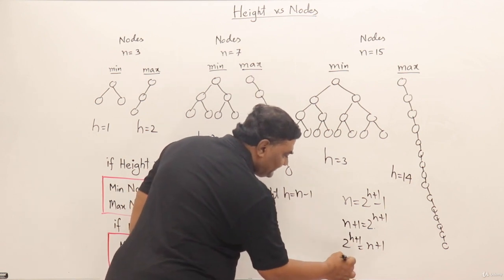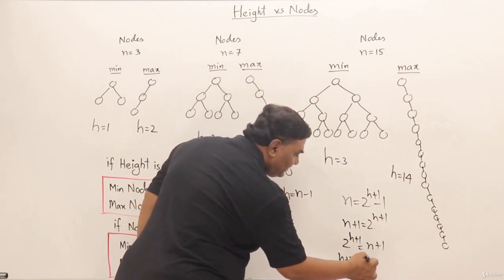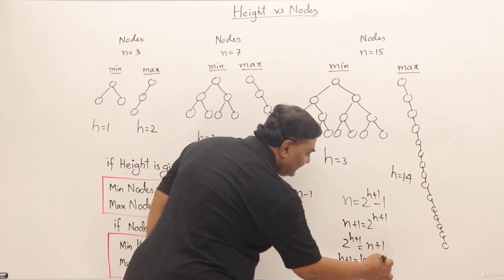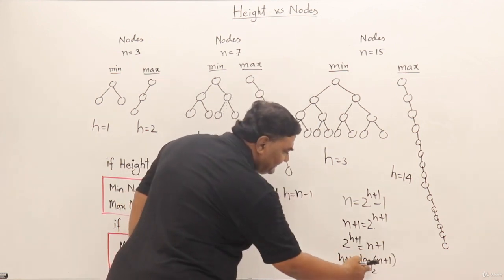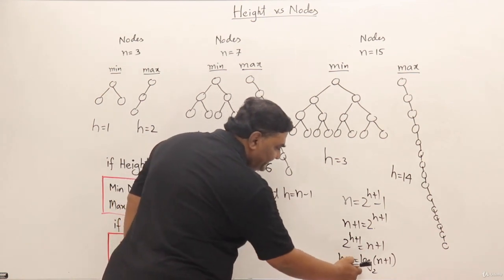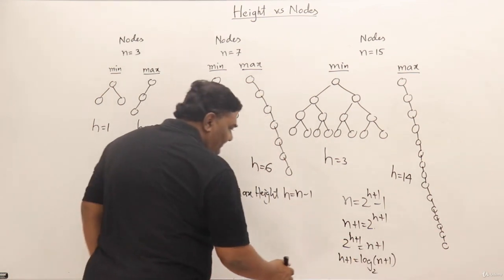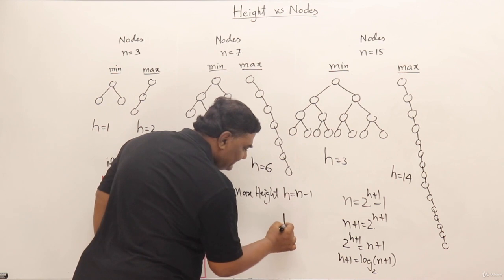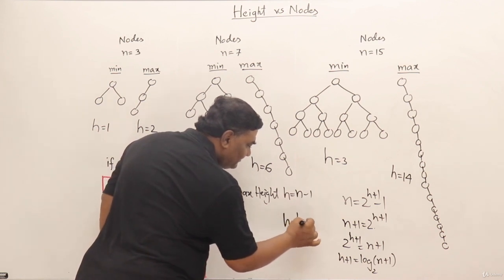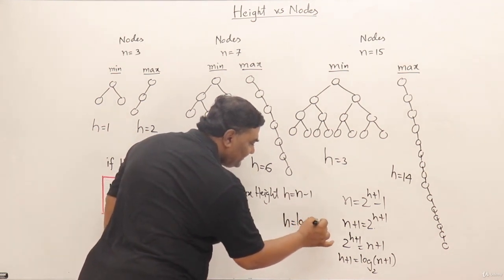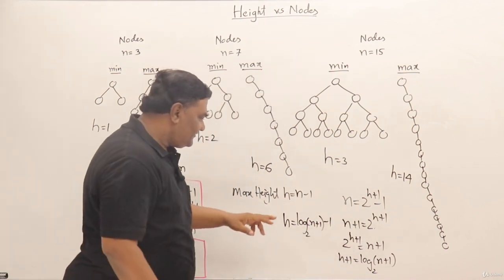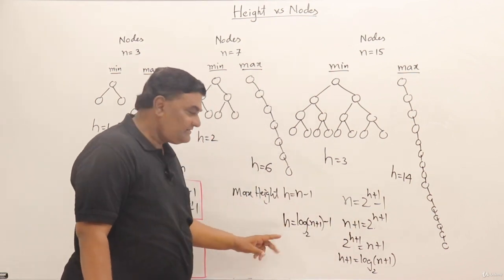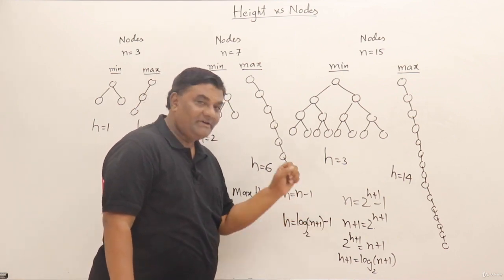Now h plus 1 is log base 2 of n plus 1. If you send this base to the other side, it becomes log. So h plus 1 is equal to log base 2 of n plus 1. Finally, h is equal to log base 2 of n plus 1, and this plus 1, if I send it there, becomes minus 1. So I got the formula for h: h is equal to log base 2 of n plus 1, minus 1.